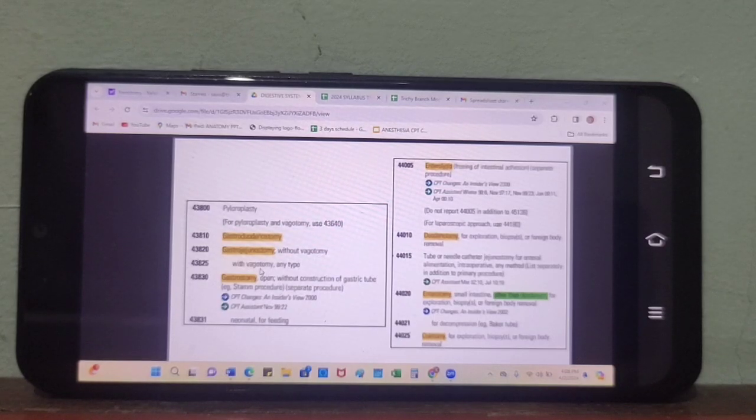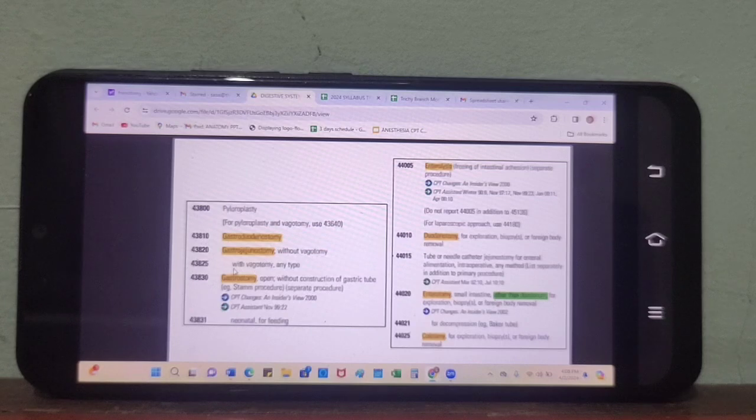Why does the surgeon cut the vagus nerve here? For vagotomy, when a doctor cuts the vagus nerve, it stops the secretion of HCl in our stomach.